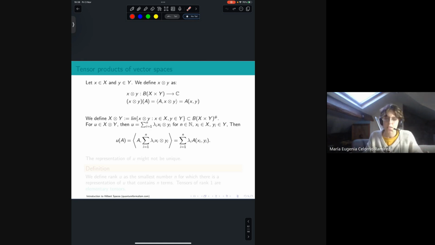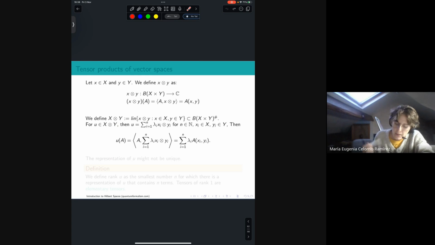How do things look in this space? When we have an element of this tensor product space, then u is going to have this form. It's going to be, for now, a finite sum of x_i tensor y_i multiplied by a scalar, where x_i is in X and y_i is in Y for every i.